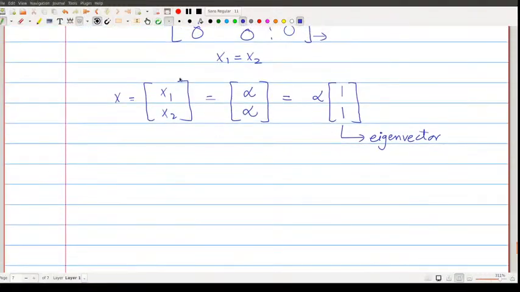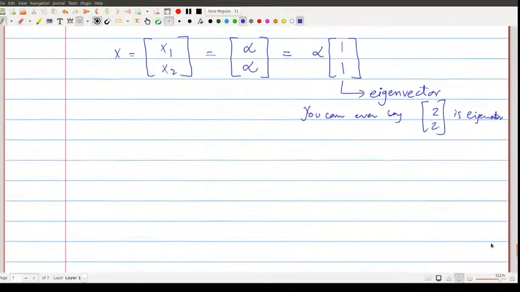You can even say that 2, 2 is the eigenvector. Technically it's not wrong because it also remains unchanged. But we take out the common factor so we deal with the simplest possible vector. In one line, you're just going to deal with one.